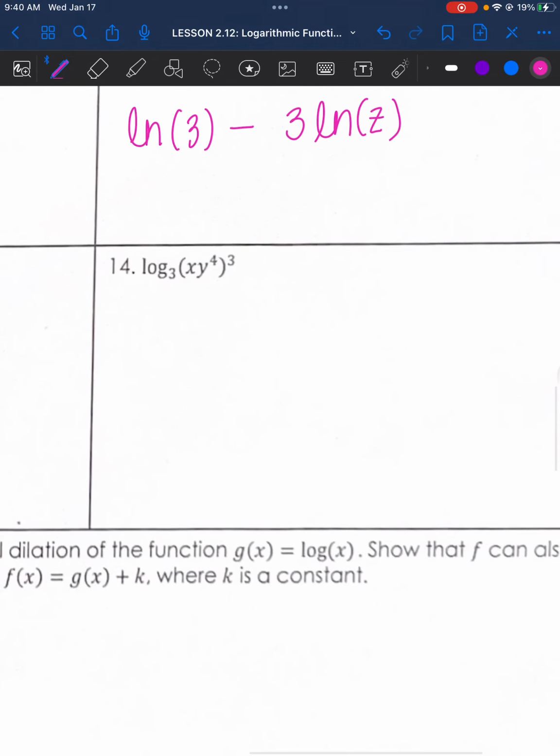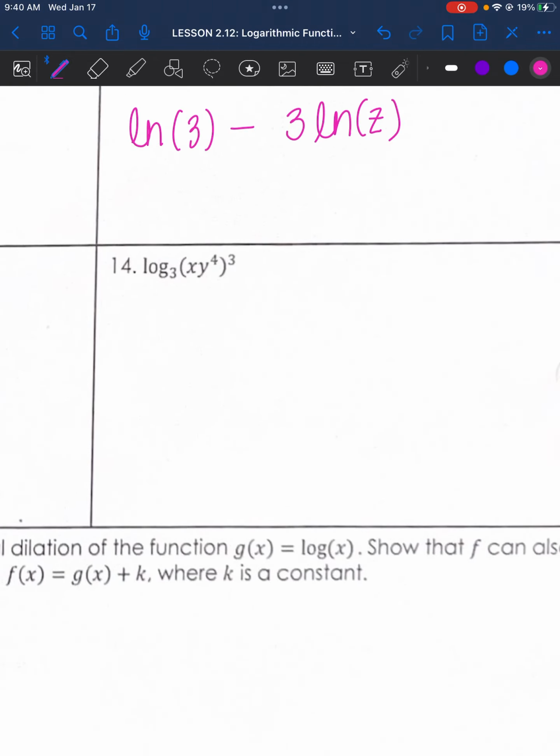So 14 is similar. You can think of your exponent rules. This is the same thing as log base 3 of x cubed y to the 12th. Your exponent rules, when you raise an exponent to an exponent, you multiply those.